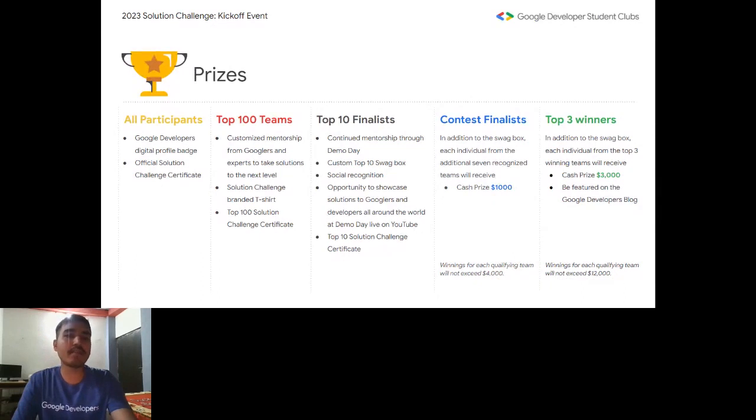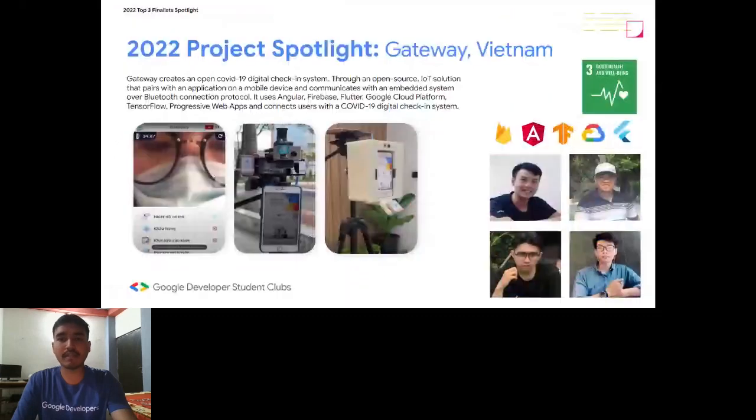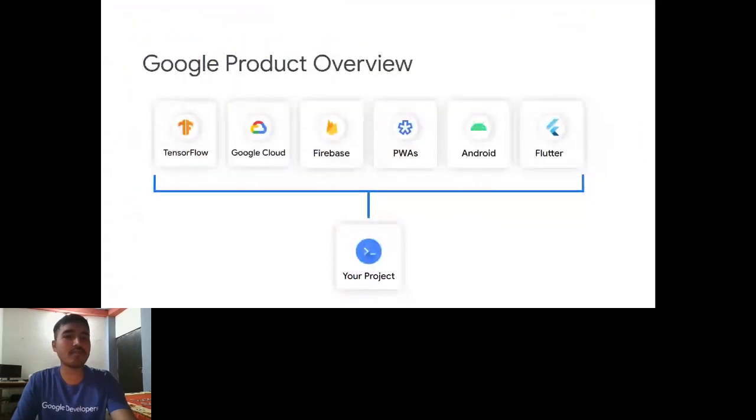You will get a mail from our side, in which we will provide all the links for the courses specifically designed by the Google architects and Google engineers for each and every platform, whether it is TensorFlow, Google Cloud, Firebase, Android, Flutter, Web, anything.